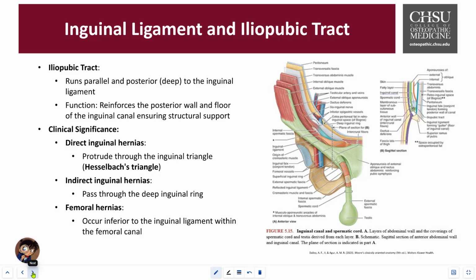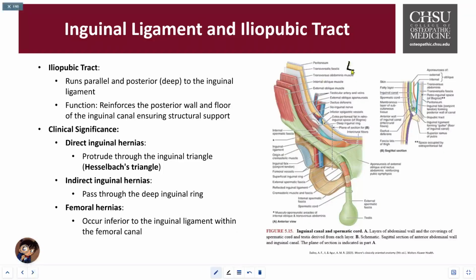Indirect inguinal hernias pass through the deep inguinal ring and follow the path through the spermatic cord or along the round ligament. Then the last ones are the femoral hernias, and they usually occur inferior to the inguinal ligament within the femoral canal. They're more commonly seen in women and also have a higher risk of strangulation.